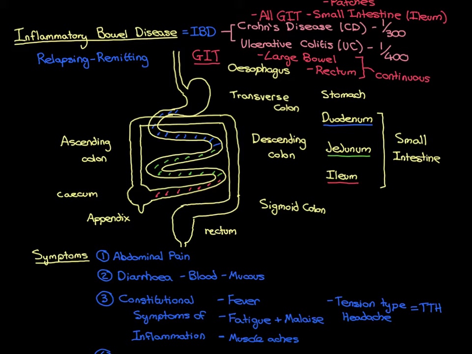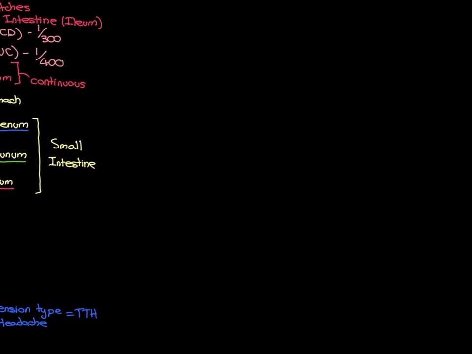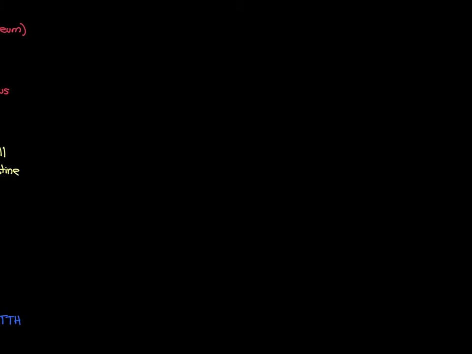I'm going to begin by going over the structure of the wall of the small intestine, and then we'll adapt it to the structure of the wall of the large intestine, because that is thankfully very similar to the structure of the wall of the small intestine. So we'll come over to this side here. How am I going to do this?